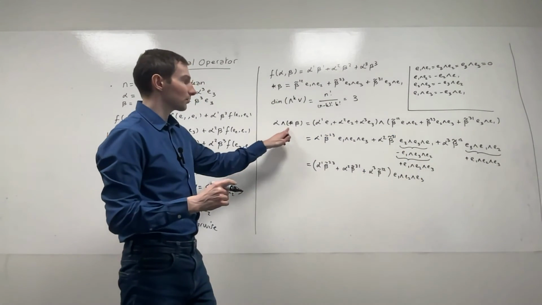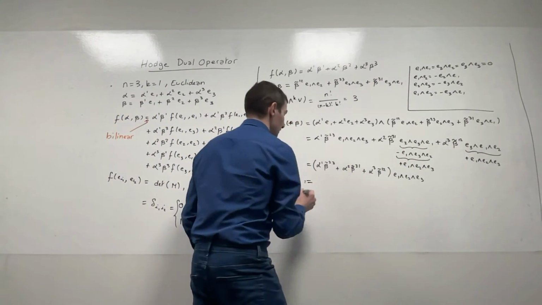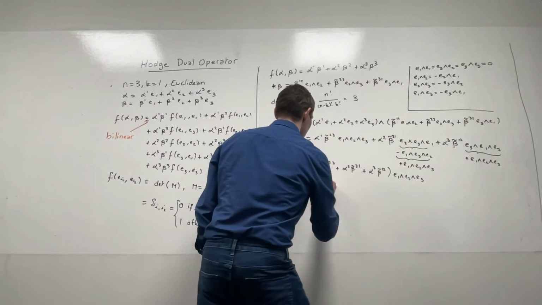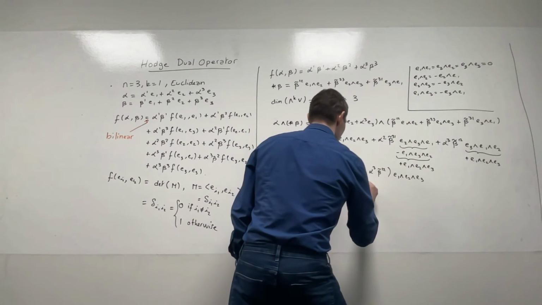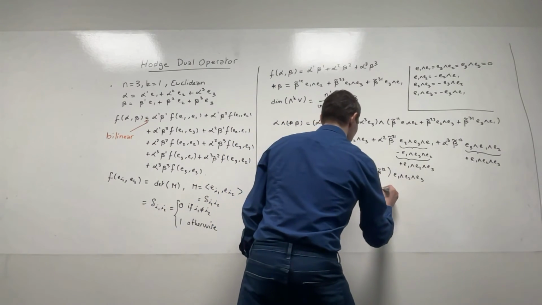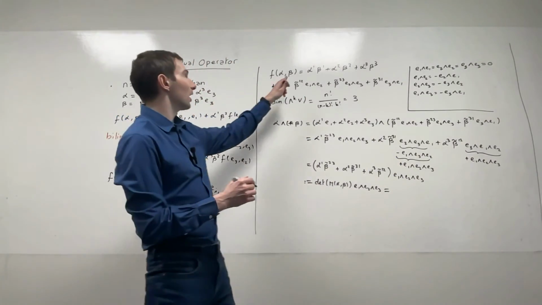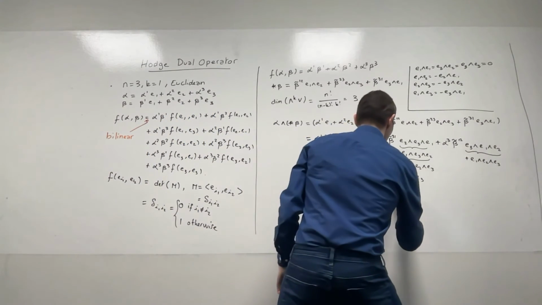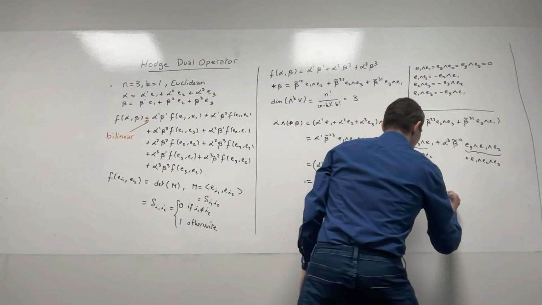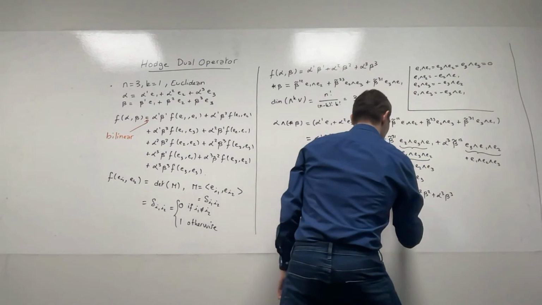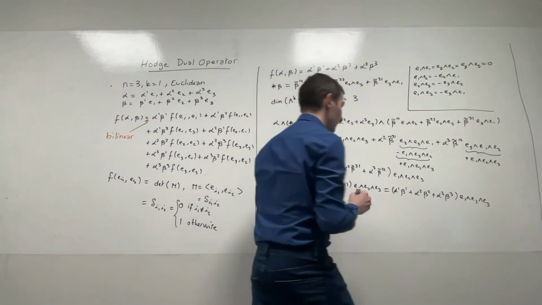So that's the product of this with that, and this has to be equal by definition to the det of m of alpha beta times E1 wedge E2 wedge E3, okay, which is equal to, as we have calculated at the top here, alpha 1 beta 1 plus alpha 2 beta 2 plus alpha 3 beta 3, and then E1 E2 E3.